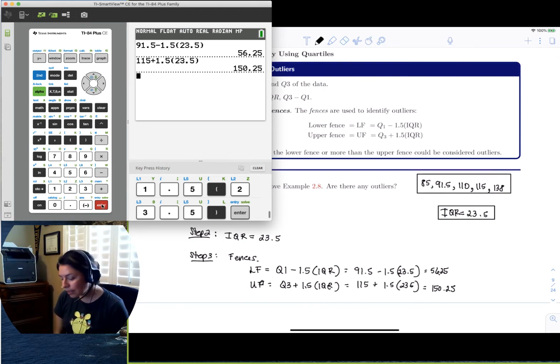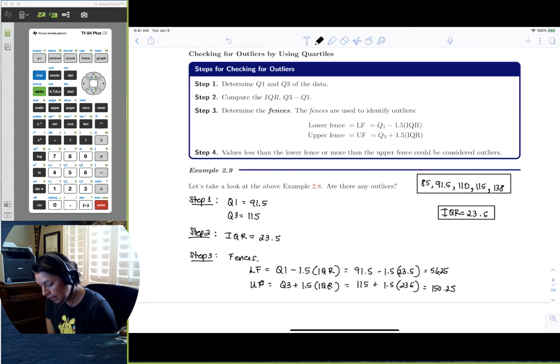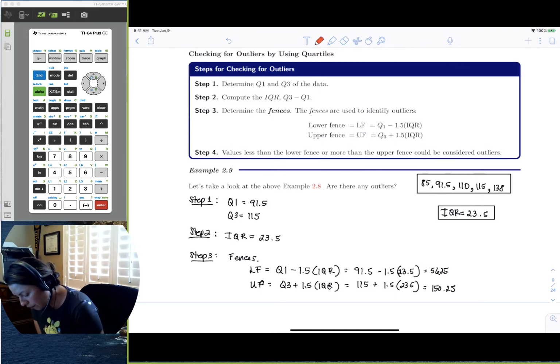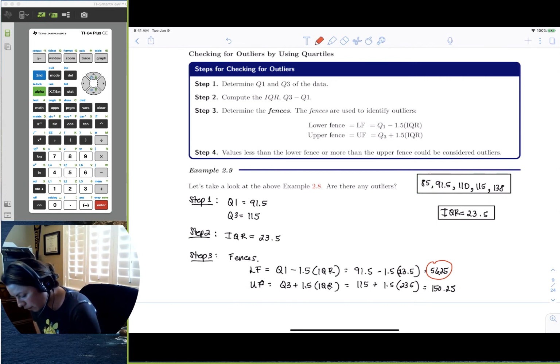Okay, so the next step is to go back to our data and see if there are any values that lie outside of this. So here are the fences. If I look at where 56.25 lies within my 5-number summary, it lies way out here, and 150.25 lies way out here.